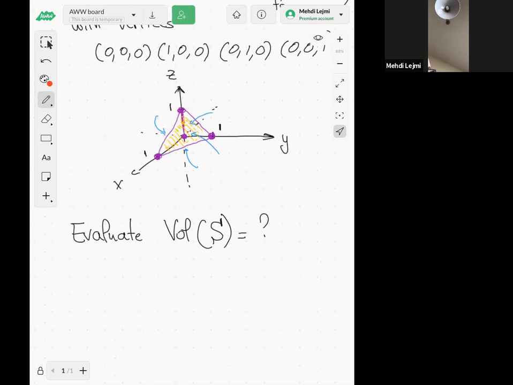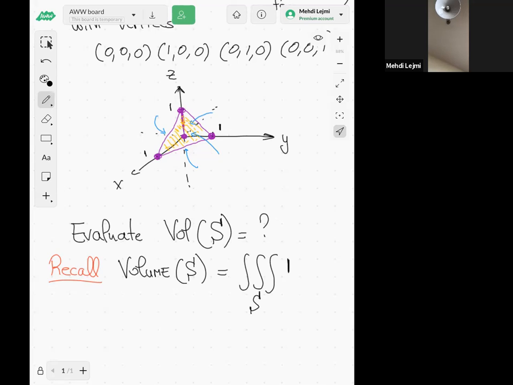The volume of a solid S would be the triple integral of the constant function 1 over S with respect to the volume element dV. This allows us to compute the volume of our solid S. So the function you have to integrate is just the constant function 1. But the problem, of course, would be to find the bounds.